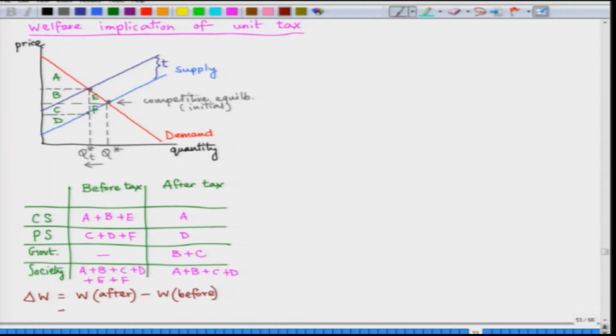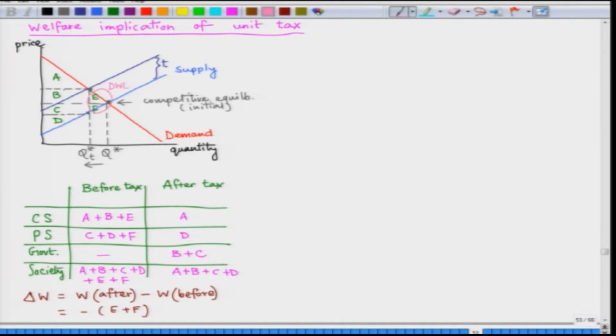So, if we take the difference, then we are left with minus of E plus F. So, basically we see a deadweight loss or a negative welfare change corresponding to unit tax imposition. So, basically if we go to this diagram we talk about this triangle here, right. So, that is basically my deadweight loss in this case.